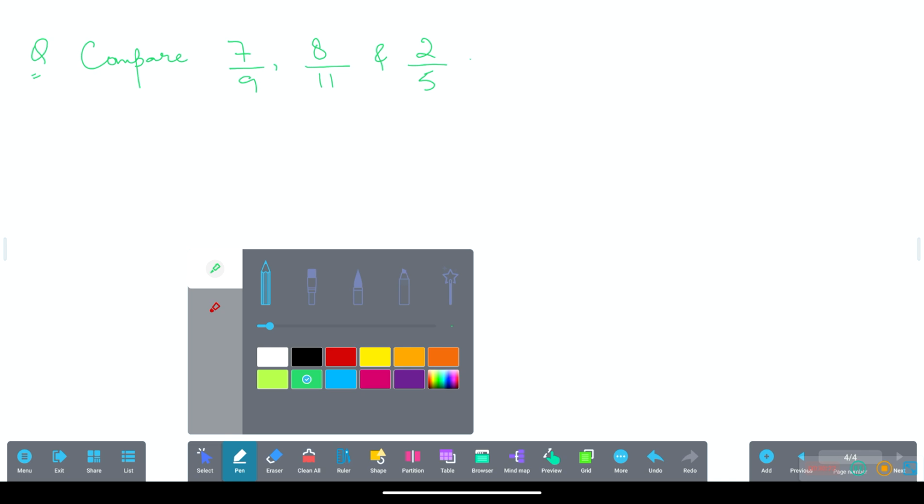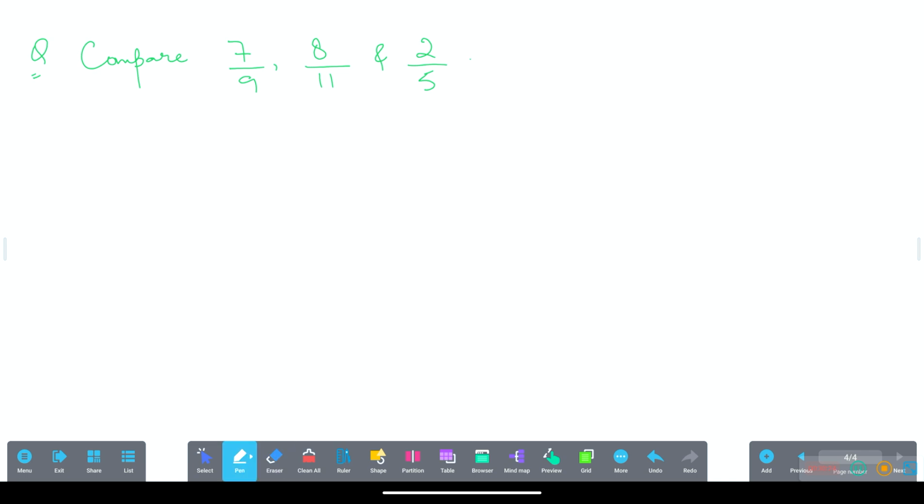I am writing the solution here. Since 7 by 9, 8 by 11, 2 by 5 are unlike fractions, the first thing I have to do is make them like by making the denominators the same.